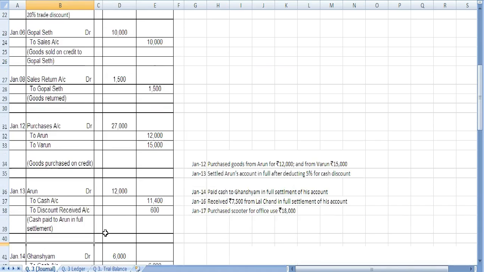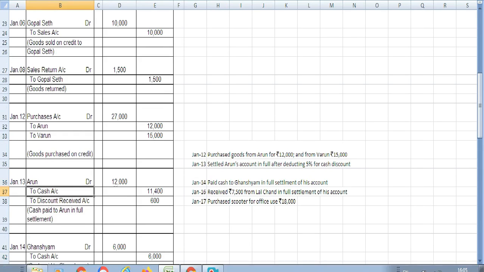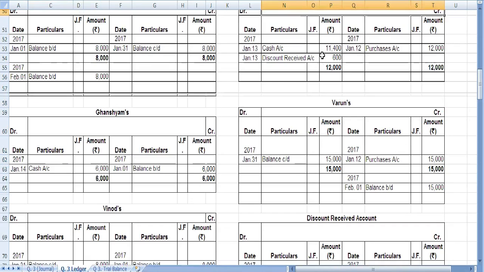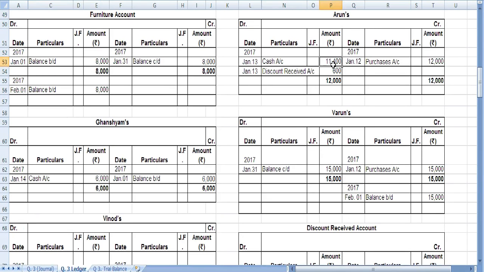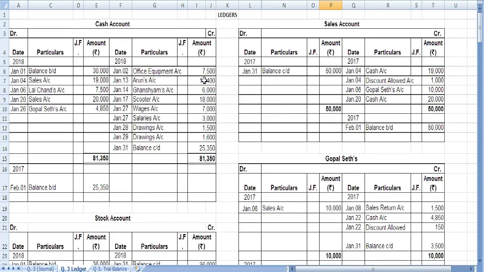So we'll keep on doing. Arun to cash. Let us go to Arun. Here we have Arun, and cash was 11,400, so Arun to cash 11,400. Then we'll go to cash, and this will become by Arun 11,400.